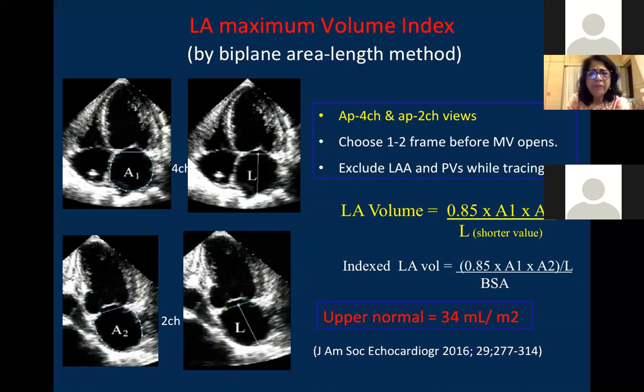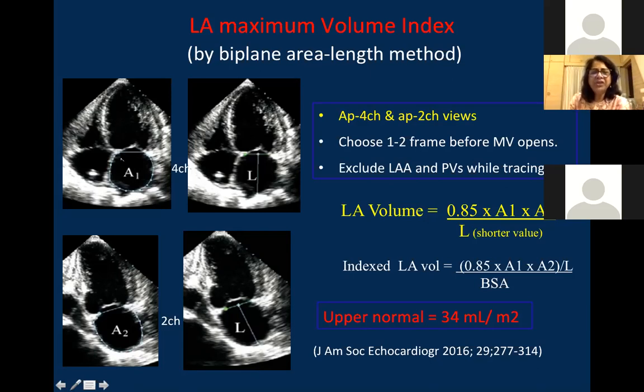Now, in the apical four-chamber view, we freeze the image, then we scroll back to the end systole, just 1 or 2 frames before the mitral valve opens, so that the left atrium is in its maximum volume.